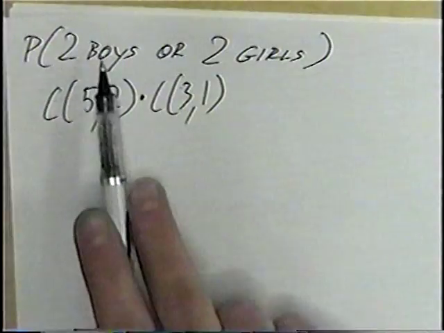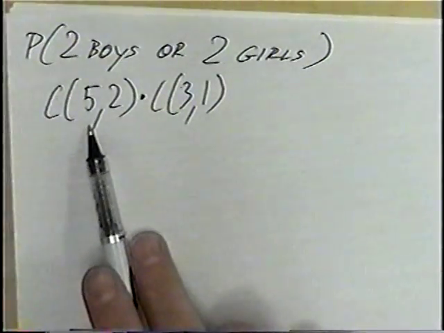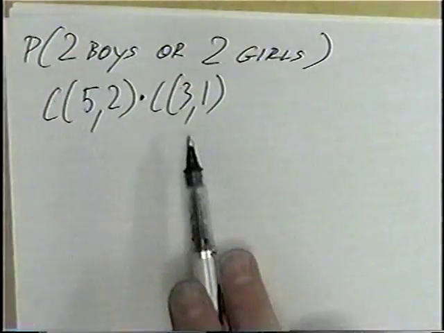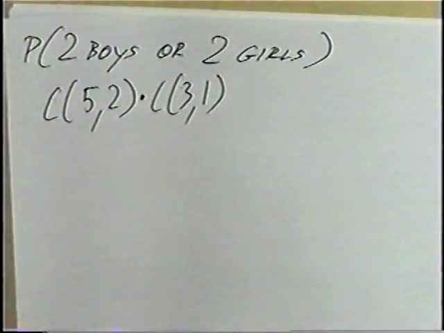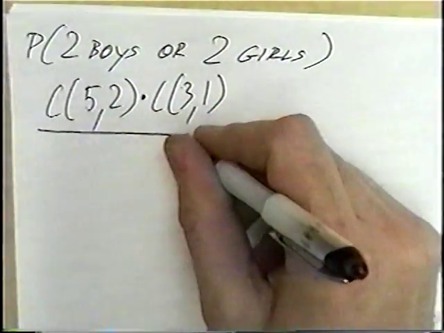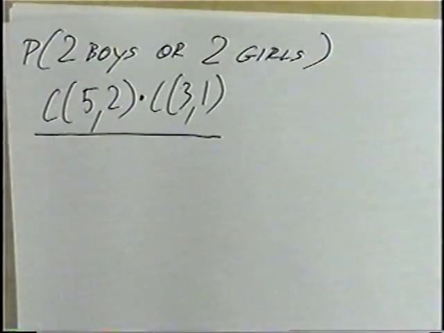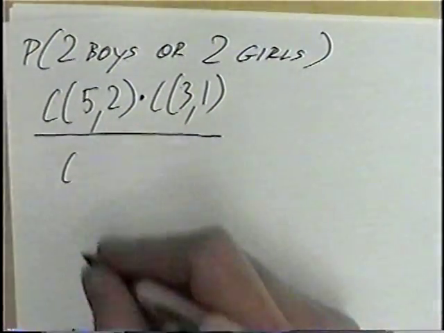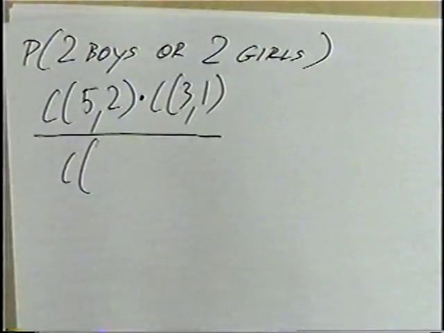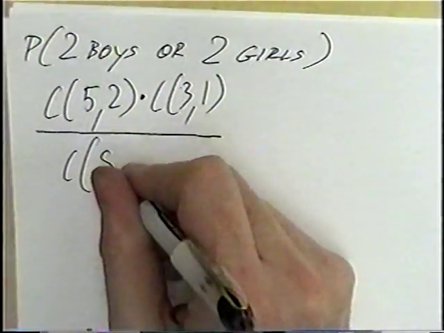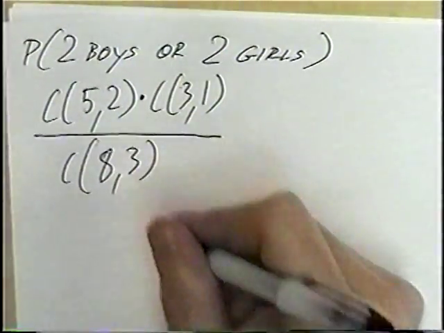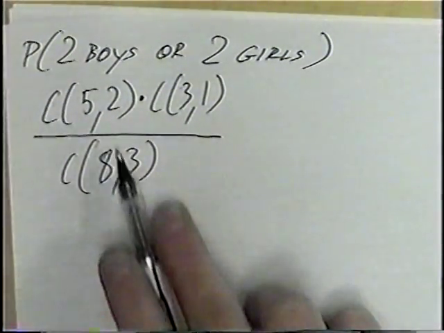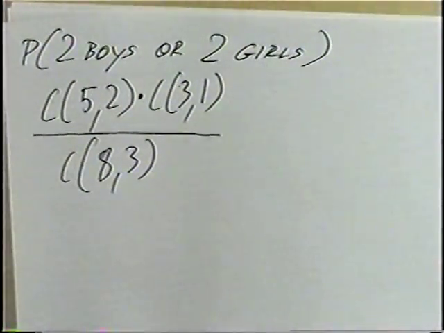So the number of ways to pick 2 boys would be combination 5, 2 for the 2 boys, and combination 3, 1 for the 1 girl in the 2 boys scenario. And again, probabilities will make fractions. The combination for the denominator is the total number of ways you can pick 3 people. There are 8 people to choose from, 5 boys and 3 girls, and we'll be choosing 3 of those, so we have 2 boys and 1 girl.